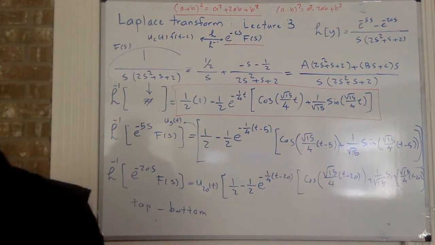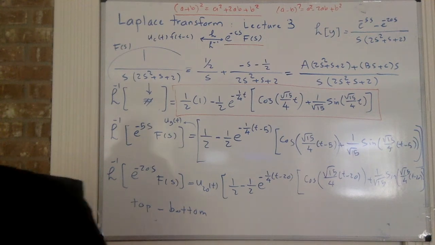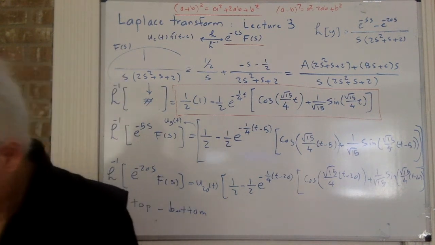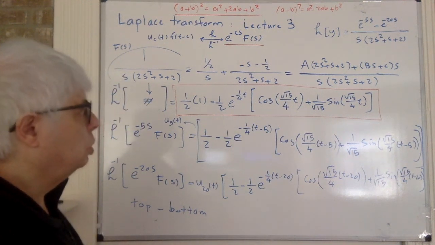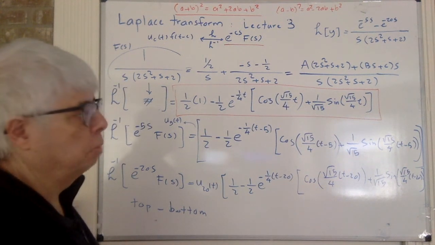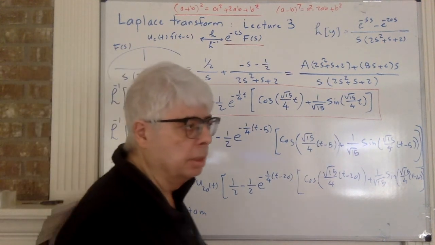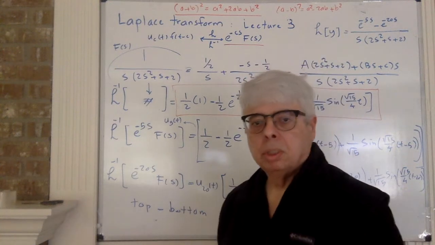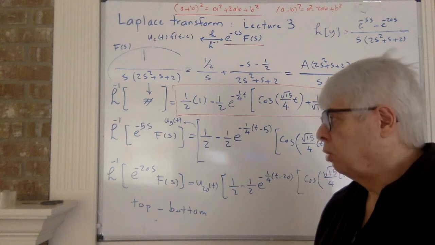You can take a look at other examples in the book. If you have a function which is 0 up to some point, then it suddenly jumps up and down, you can write it as a nice function times some step functions, and then solve it with step functions.